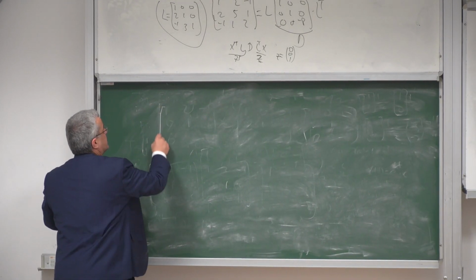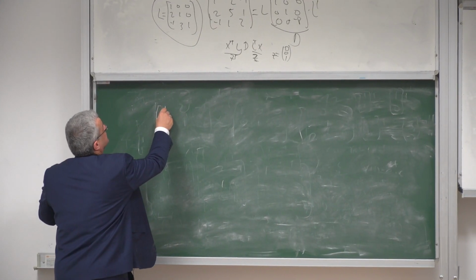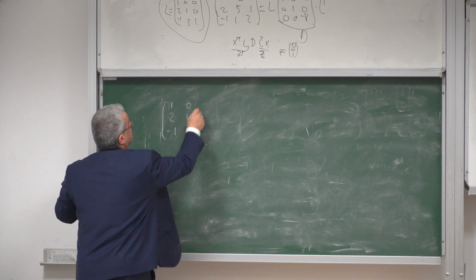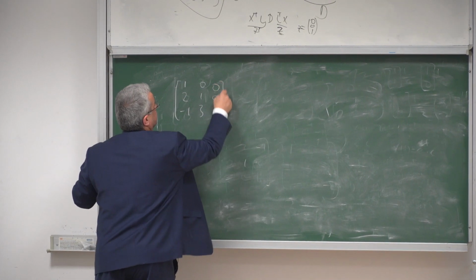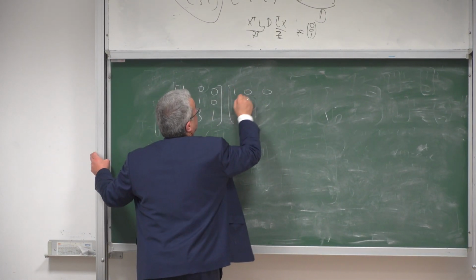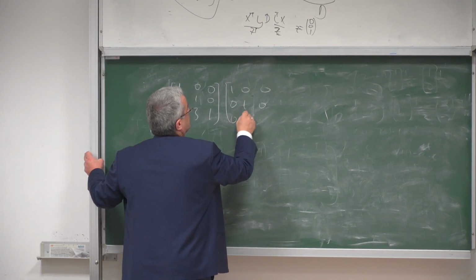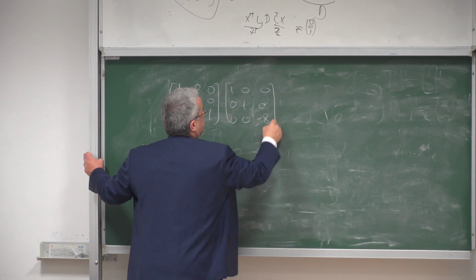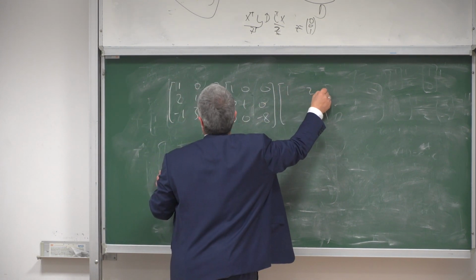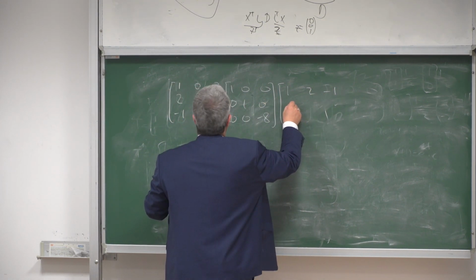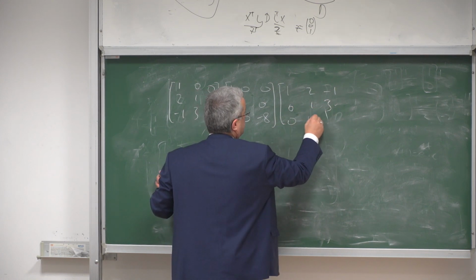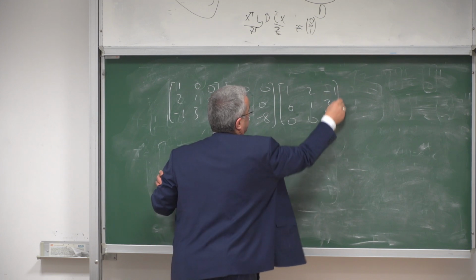So L is [1, 2, -1; 0, 1, 3; 0, 0, 1] times [1, 0, 0; 0, 1, 0; 0, 0, -8] into [1, 2, -1; 0, 1, 3; 0, 0, 1], okay?